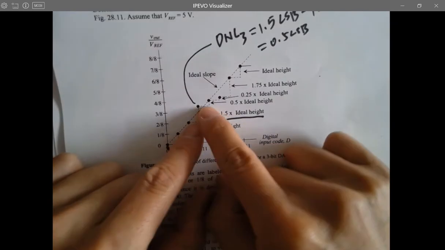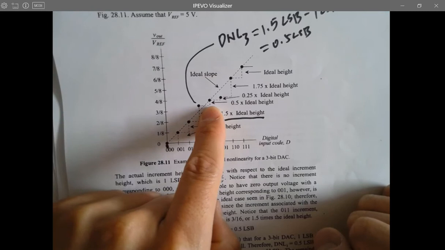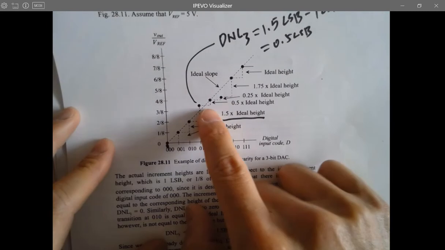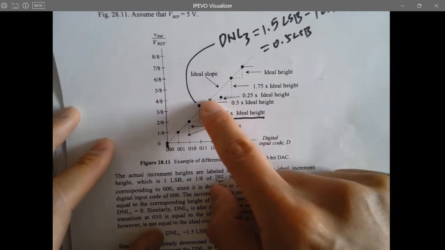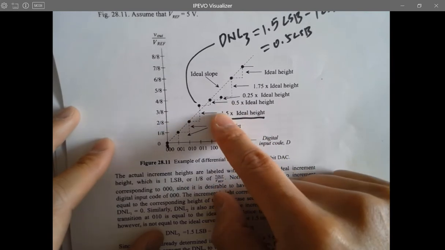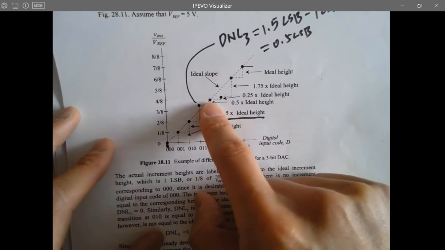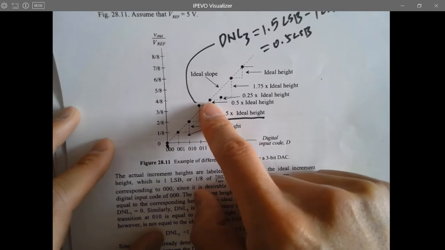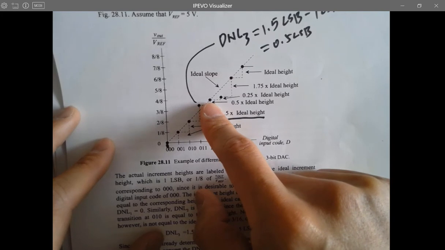What about this guy here? That's the DNL4, right? DNL4 is only 0.5 for the actual height, right? Although it is right at the ideal curve, by definition, there's a DNL.